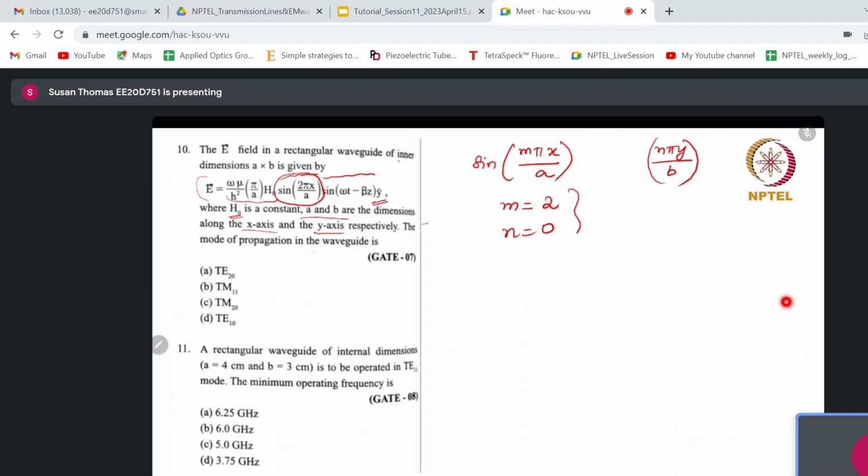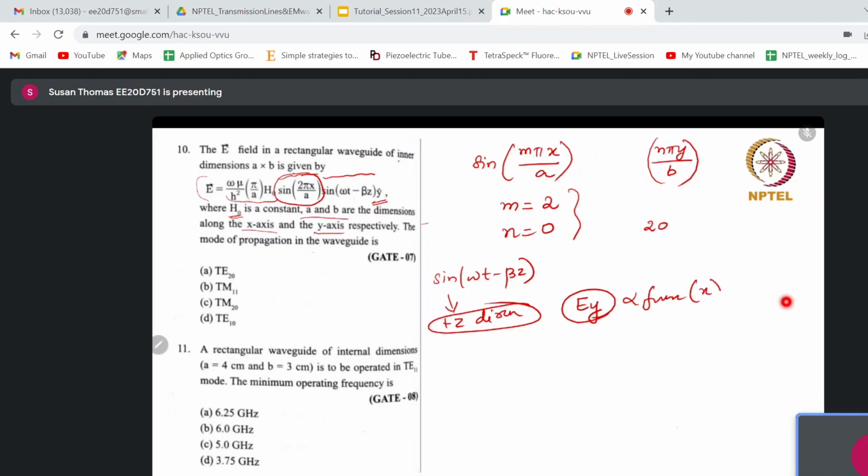So what will be the mode of propagation? Mode number will be 20. Now the question is whether it is TE or TM. The wave is traveling in which direction? Sine of omega t minus beta z, so the wave travels along the plus z direction, and it has an electric field in the y direction, which is a function of only x.